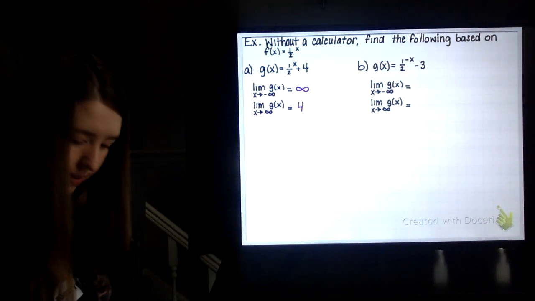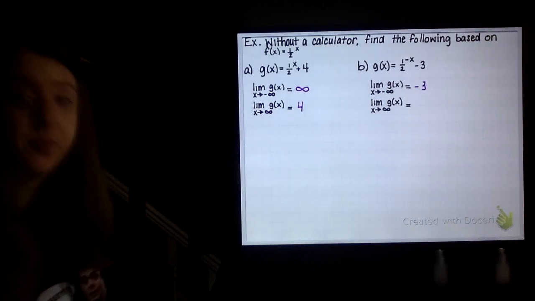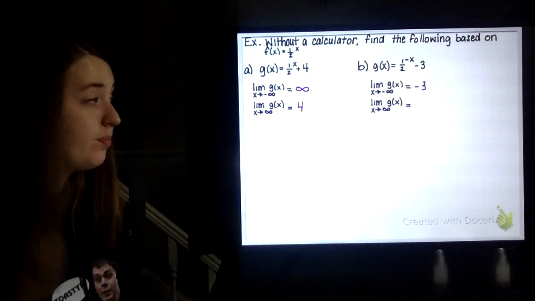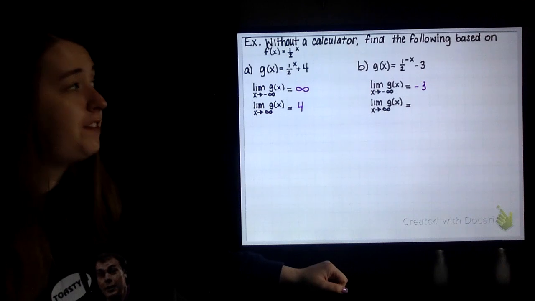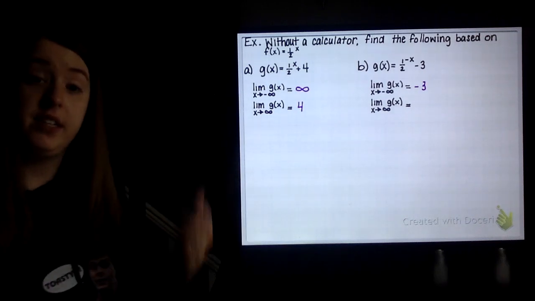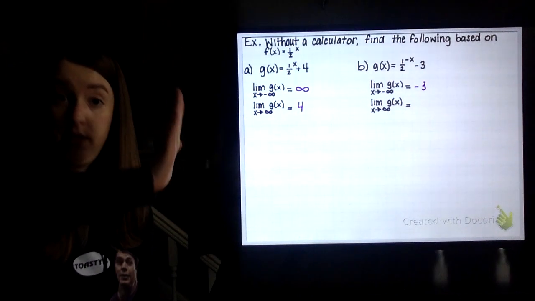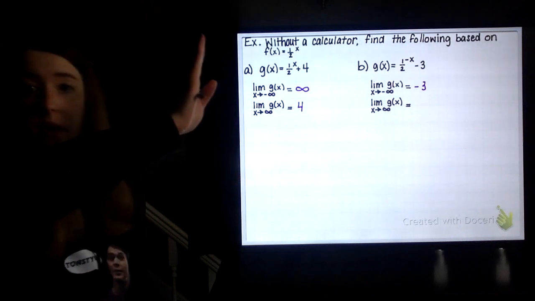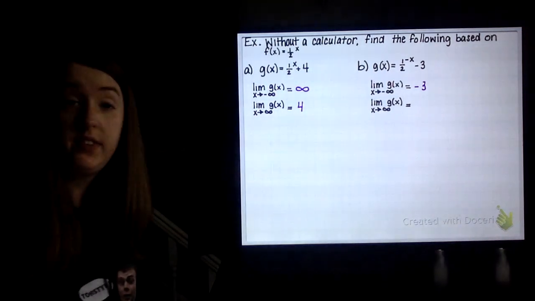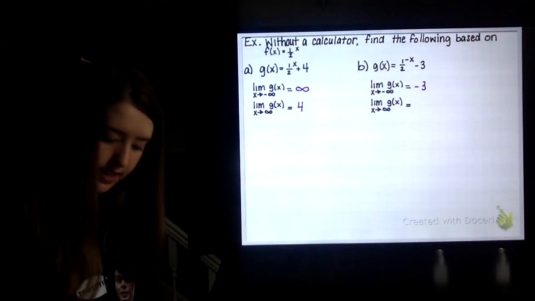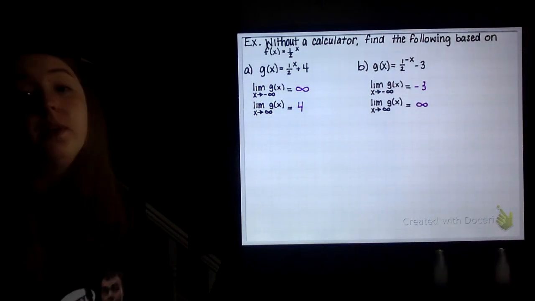So that will be negative 3 right there. Over here, as x approaches infinity, we talked about how it reflected over, so now it's going like exponential growth. When x goes to infinity, my function is getting really, really big, so that will approach infinity as well.